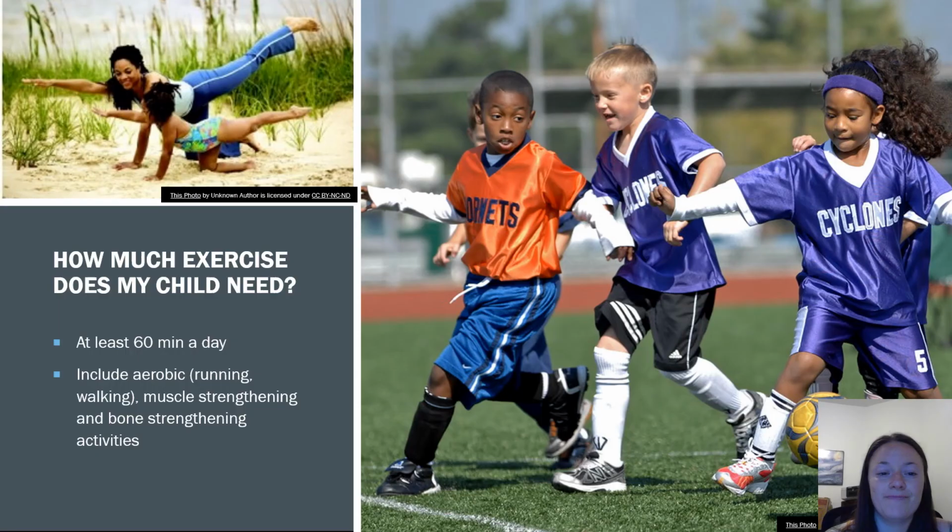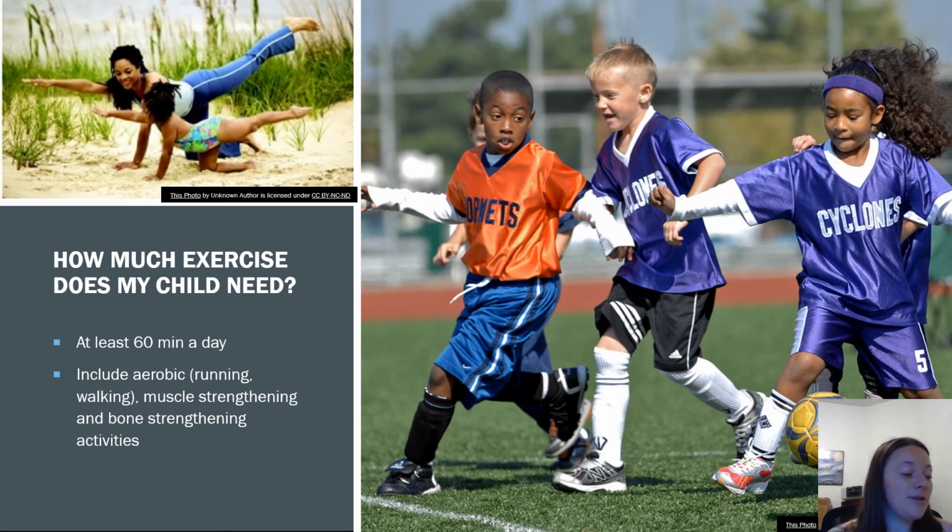And then, how much exercise does my child need? Well, youth ages 6 to 17 need at least 60 minutes of physical activity a day, including aerobic, muscle strengthening, and bone strengthening activities. Strong evidence suggests that regular physical activity helps people maintain a healthy weight, prevents excessive weight gain, and they can lose weight when combined with a healthy eating pattern low in calories.